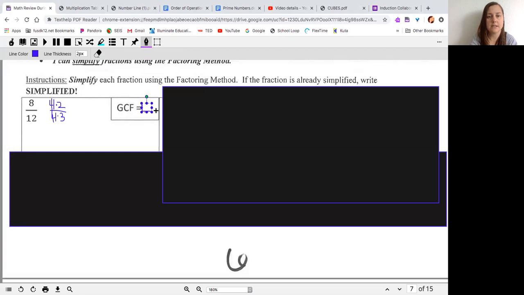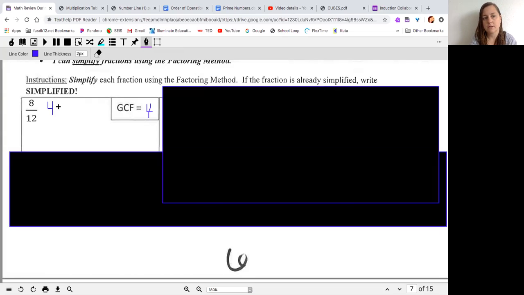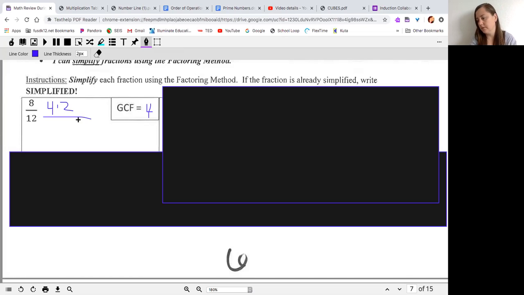Oh, I hate it when I do that. Oh, and the whole thing disappeared. All right. Let's try this again. 4 times 2 over 4 times 3. Those cancel off. All right. So 2 over 3 is the simplified fraction, and 4 is the greatest common factor, the biggest number that goes into both 8 and 12.